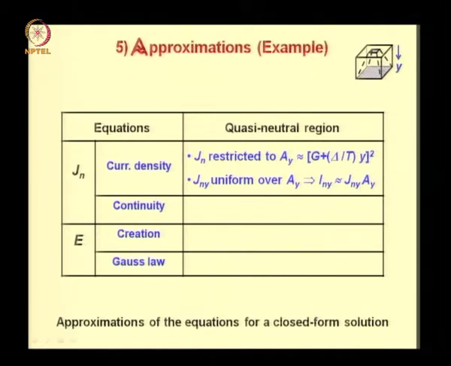Now these are the only approximations, so we are not making any approximations related to the continuity equation, the equation E equal to minus grad psi, or the Gauss law. Now let us look at the closed form solution itself.